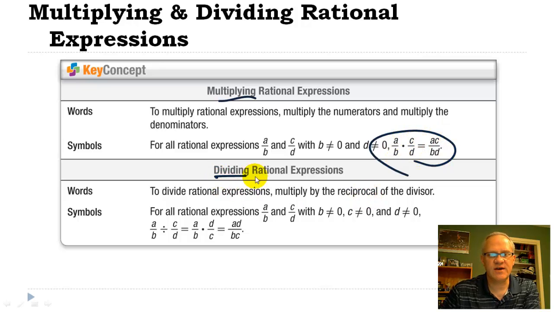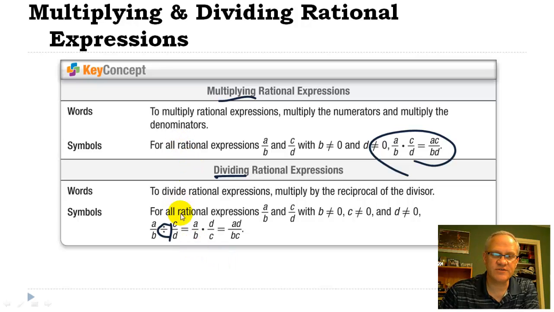And then when we're dividing, remember, you take the second part and flip it. So you could either remember multiply by the reciprocal, or I've also heard where they say flip the second guy, then multiply.